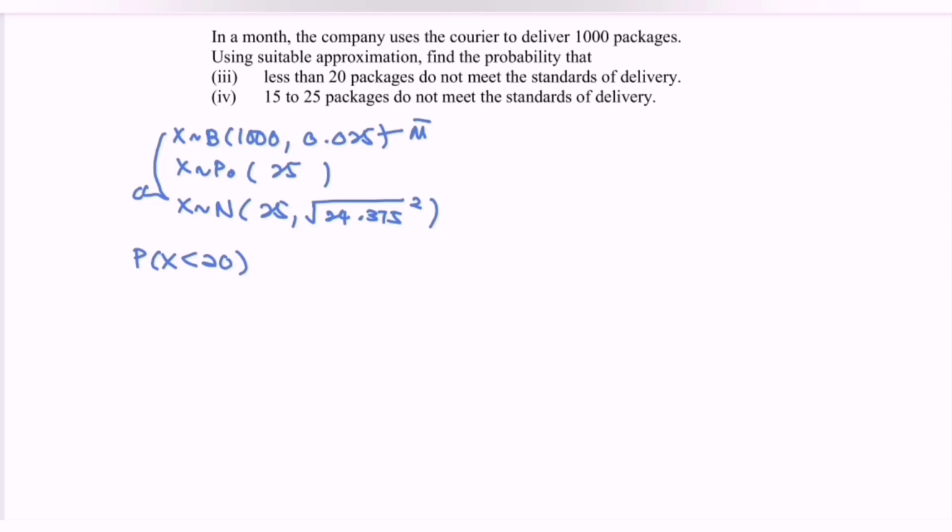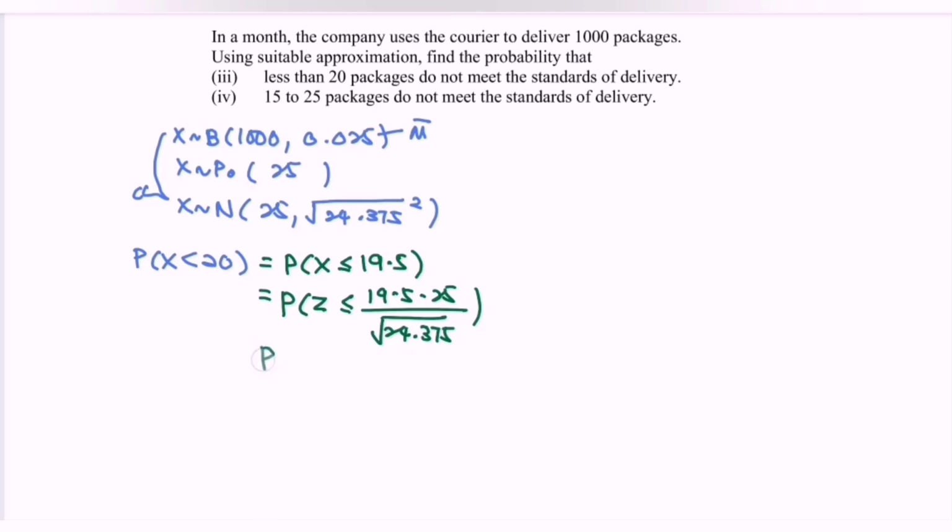So number one, continuity. The probability is that X is less than or equal to 19.5. Second step, standardize. So the probability that Z is less than or equal to 19.5 minus 25 over the square root of 24.375. So Z less than or equal to negative 1.11.